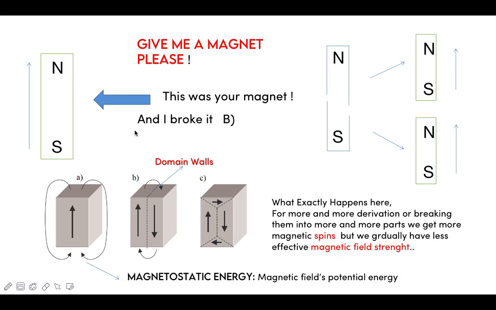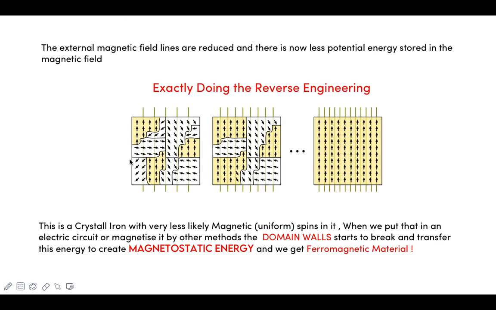In the previous picture, we saw these curvature lines are actually magnetostatic energy starting from here and here. So here are 5 lines, here are 8 lines, and here are many more. Why? Because all the domain walls are breaking and creating more and more magnetostatic field forces, and then creating a whole ferromagnetic material which was ferric at one time.